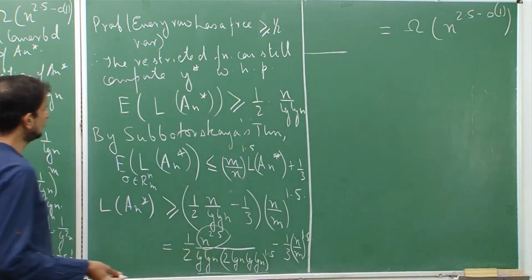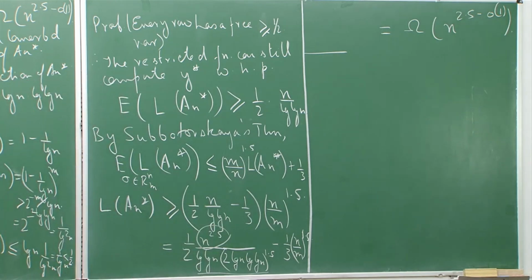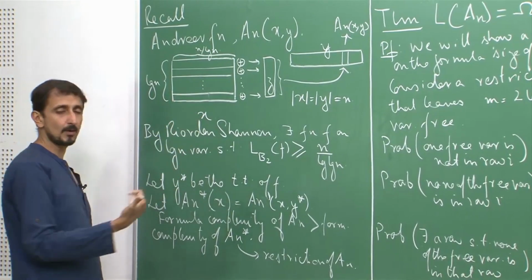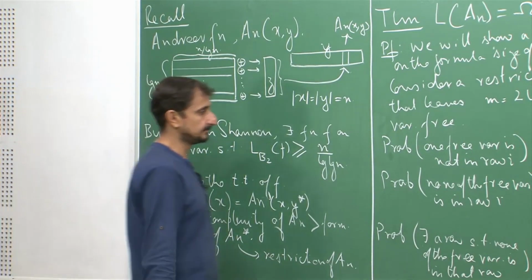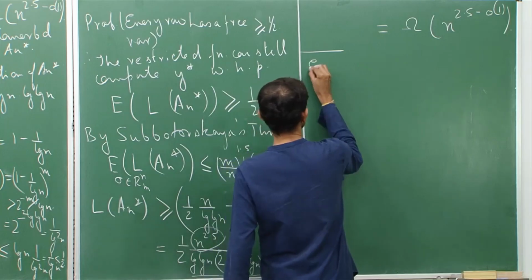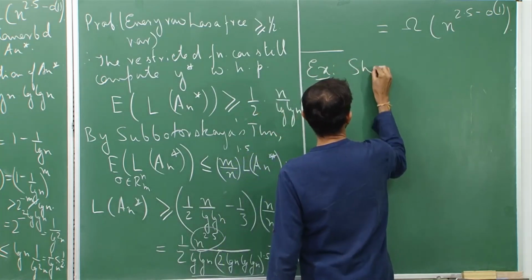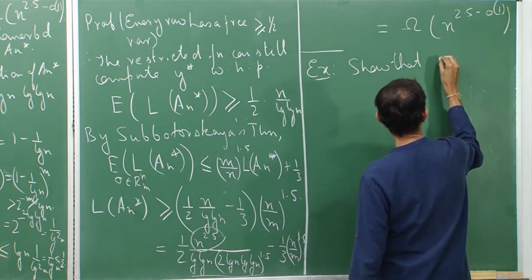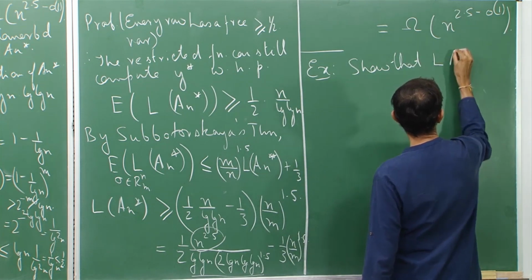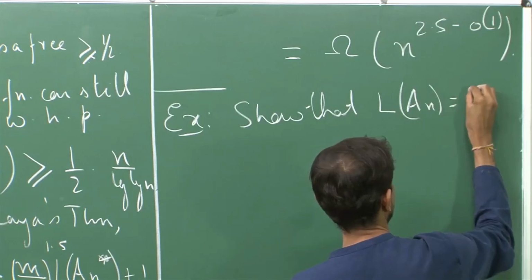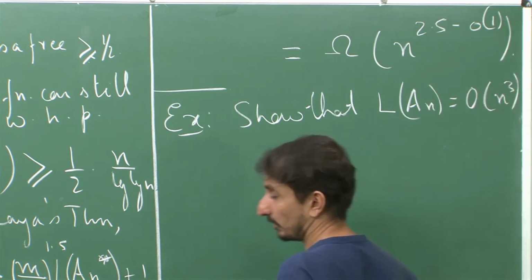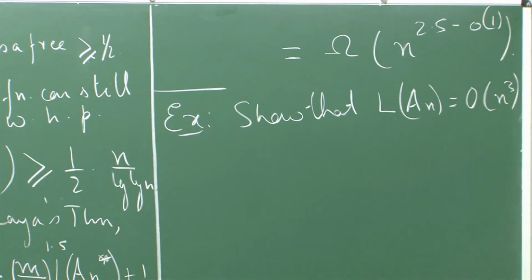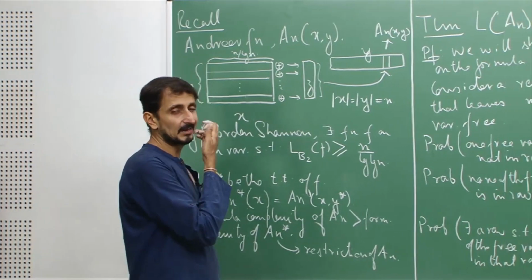So, this is the proof, and actually one can show quite easily that there also exists an n cube upper bound for this function. I will just give that as homework. Exercise: show that L of A n is in order of n cube, and in fact, if you construct the formula a little cleverly, you can also get an upper bound of n to the power 2.5.